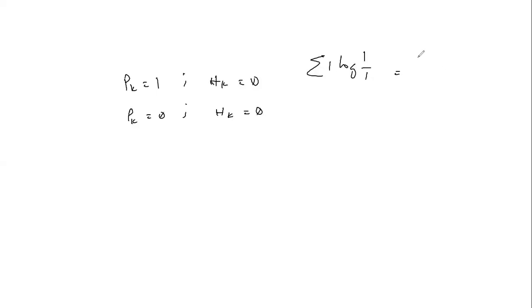This is summation. So that will give us summation 1 times 0 is equal to 0. And this is impossible, so that is 0.